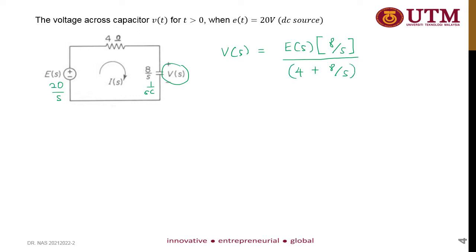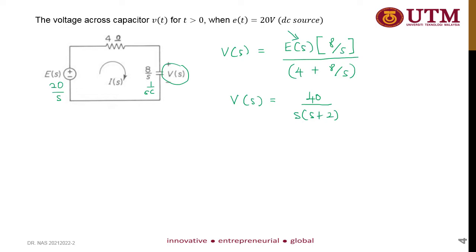Okay, so you can simplify the equation, and V(s) is equal to 40 divided by s plus 2. What is your E(s)? E(s) is 20 over s, so you can replace your E(s) value here.